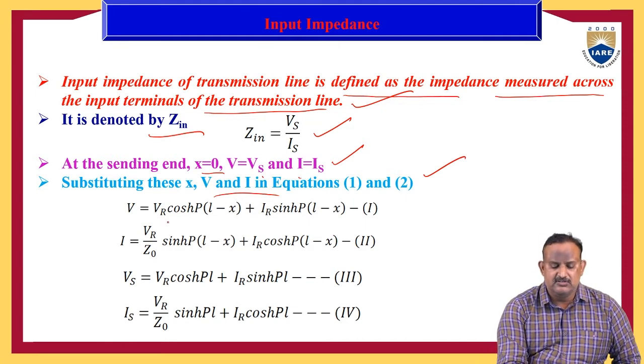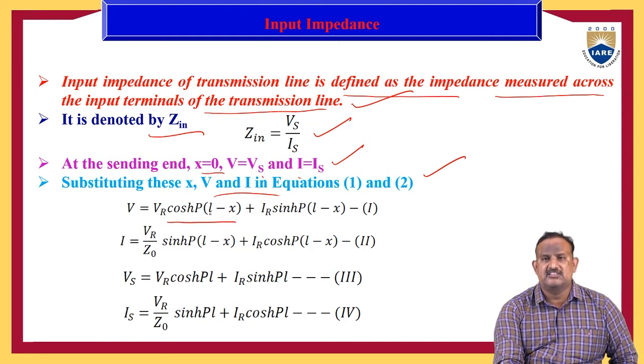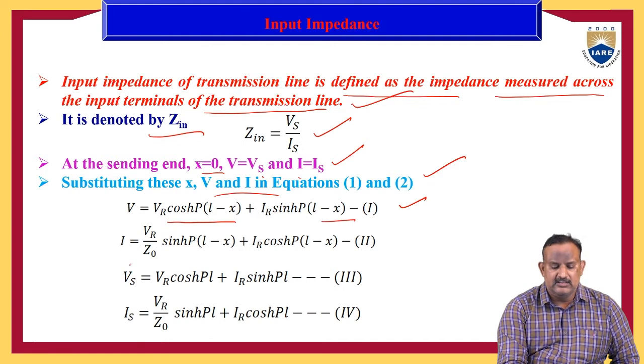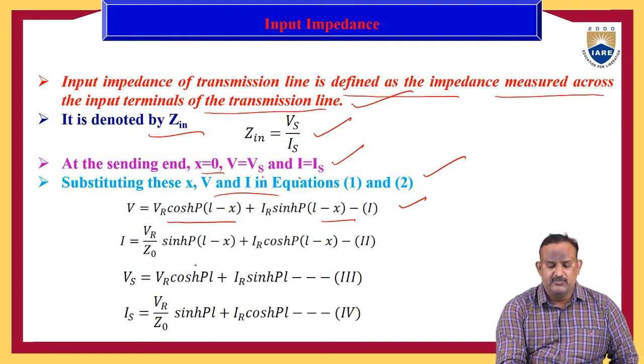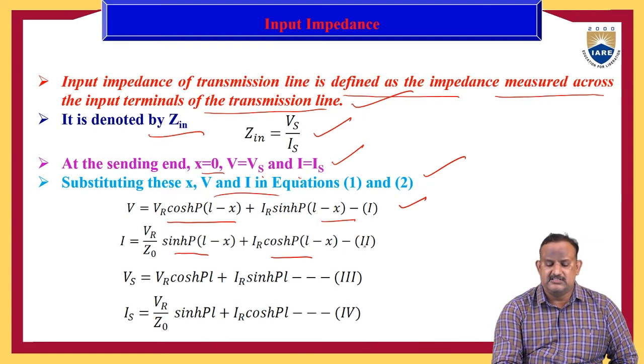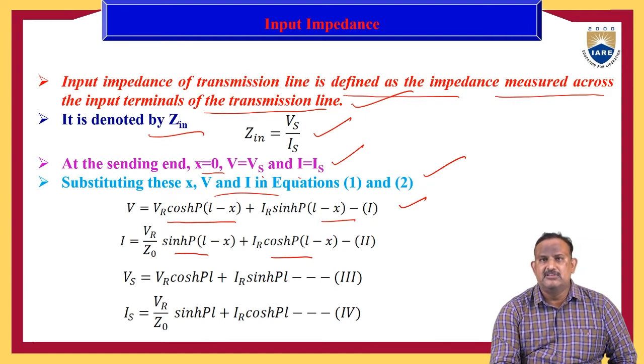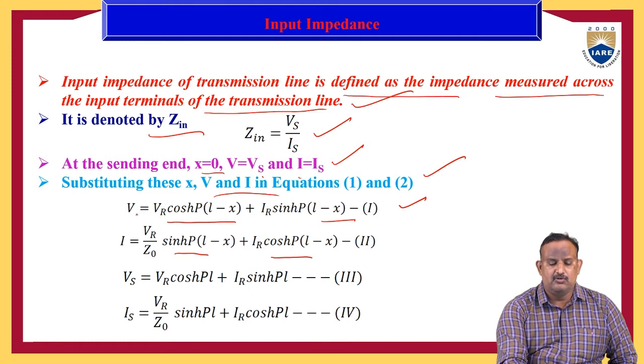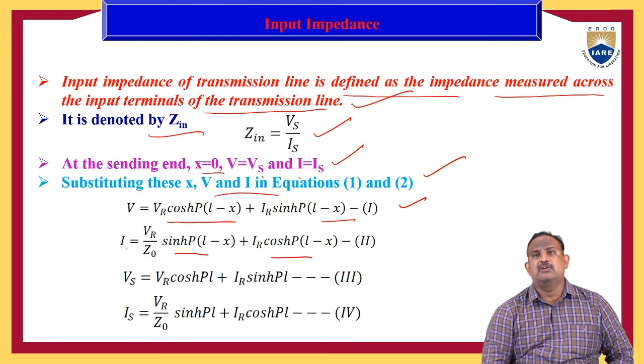We have V is equal to VR cosh γ(L minus x) plus IR Z naught sinh γ(L minus x) as the voltage equation, and the current equation is I equal to VR by Z naught into sinh γ(L minus x) plus IR cosh γ(L minus x). So here we need to substitute x equal to 0, V equal to Vs, and I equal to Is.